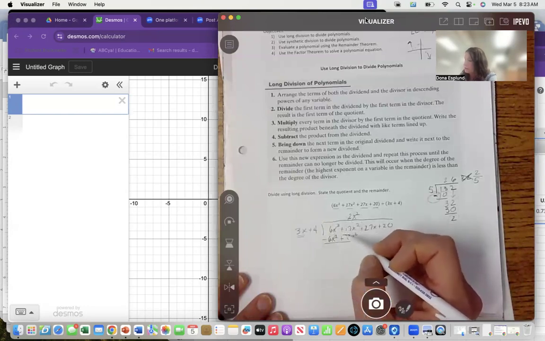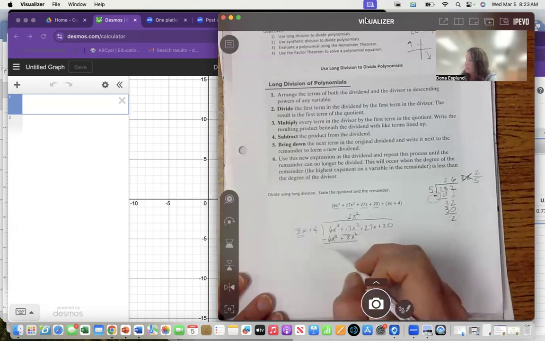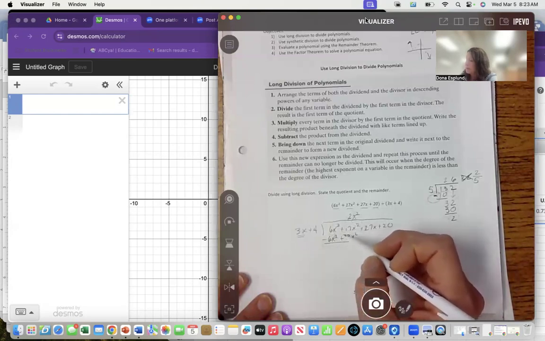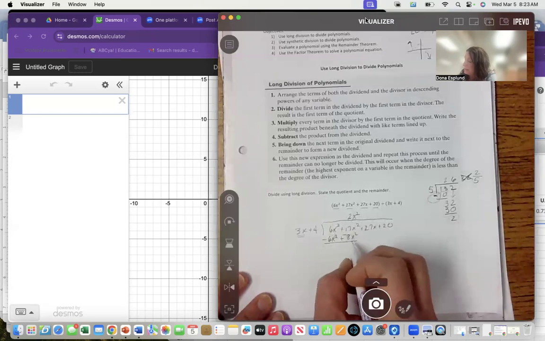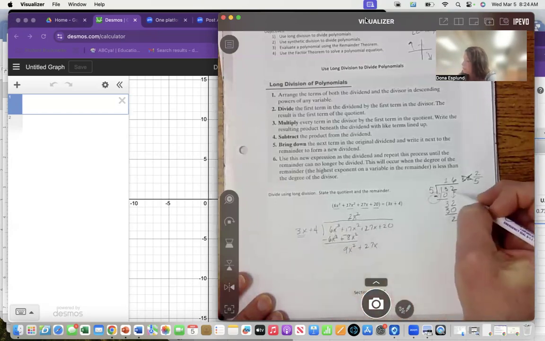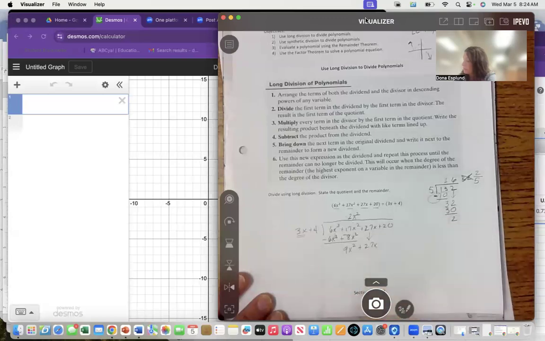So make sure you subtract here, or add the opposite. So in this case, I'm going to go 17 minus 8, which would be 9, and it's x squared because we're dealing with x squared. And then I'm going to go plus 27x. Just like we did with the 2, we drop it down. We're going to drop down the 27x.